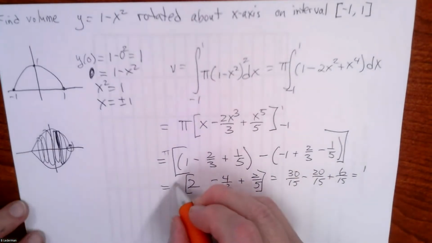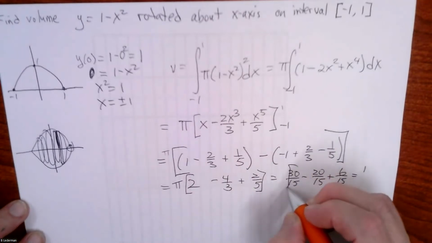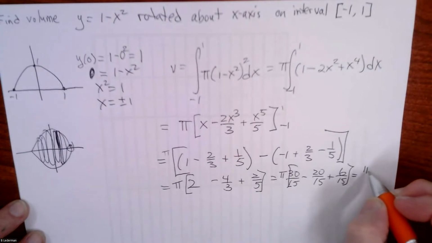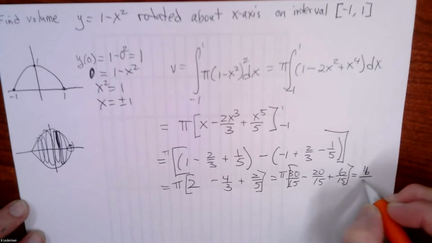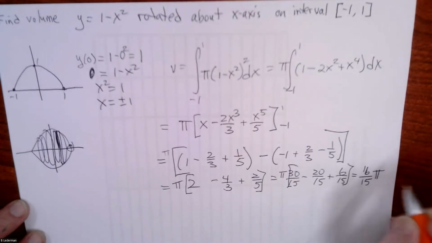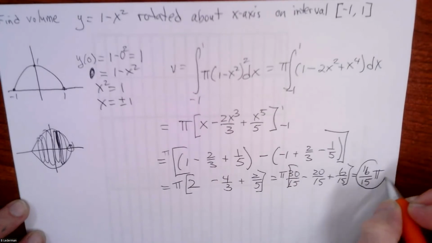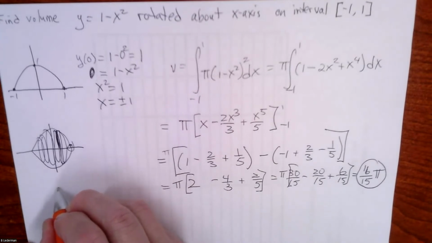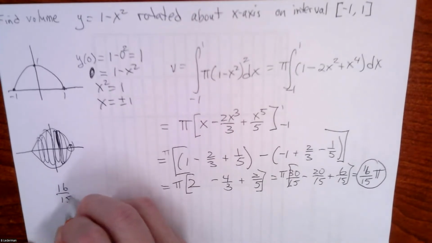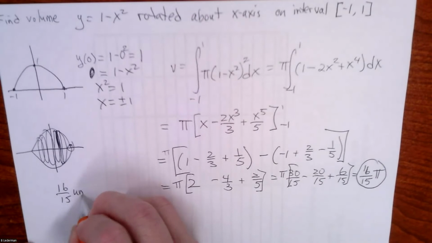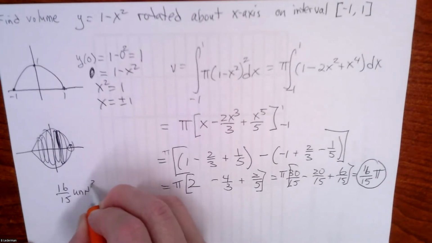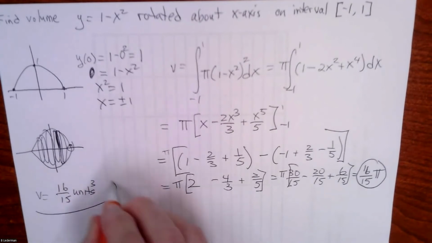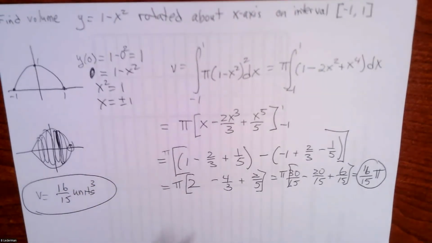I guess I'm on a diet or something. That's why I forgot pi. Whoops, shouldn't have done that. So this is going to be equal to 16 over 15 pi, and that's my final answer. So the volume is going to be 16 over 15 pi, and again, cubic units. So I'm going to write units cubed, and that's my volume, and that is how we do that.